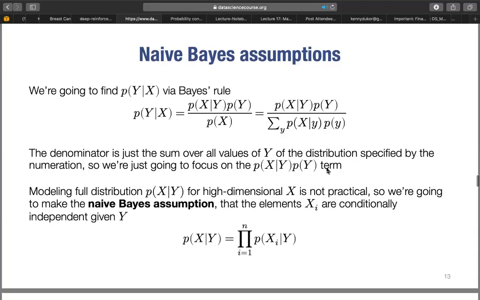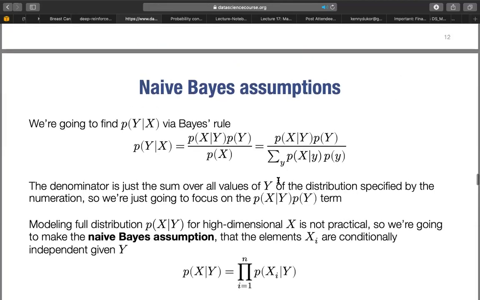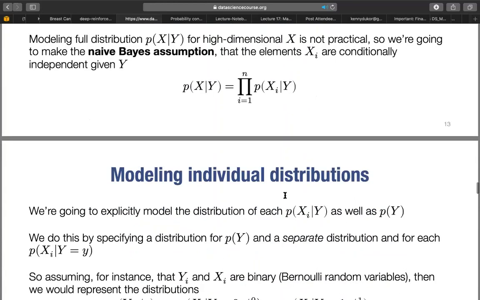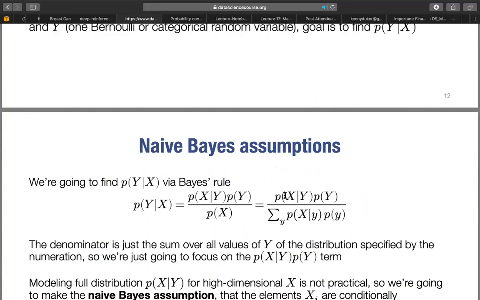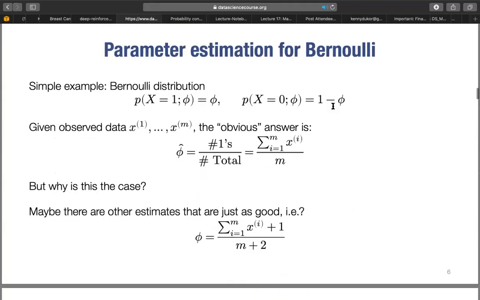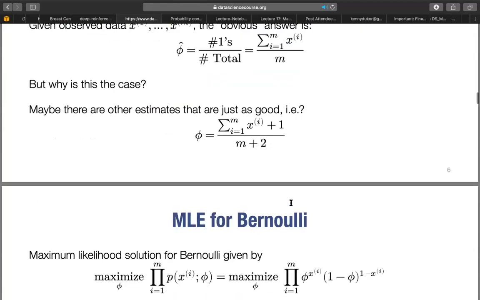So the idea is this. Where you have something defined by this distribution, you then simplify it to have something around this.